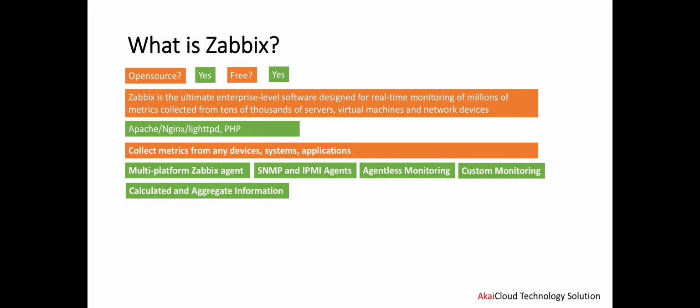And also a common Zabbix thing is that we can calculate the metric. So we can make calculations, and we can make aggregate information. It's very easy if we use Zabbix monitoring. And also Zabbix supports MySQL and PostgreSQL. These are the common databases that a lot of people use right now, so it's easy to integrate the database.